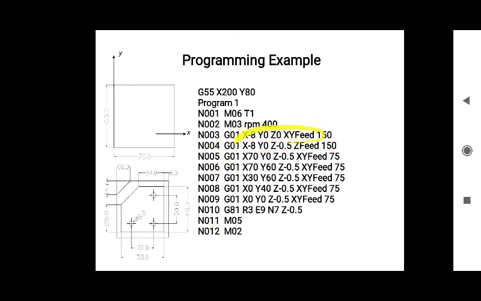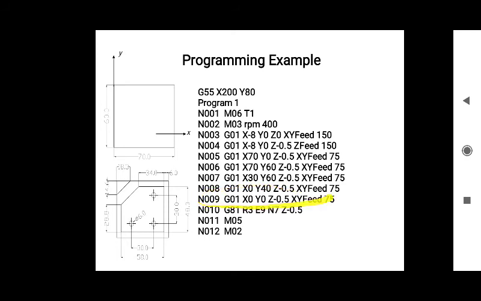As you can see, first we changed the tool, then we gave the spindle RPM in clockwise direction, then we moved to the shape position, then we gave the depth of cut in the next block, then we started the machining operation, one horizontal cut, then in the next block the vertical cut in y direction, and in the next block a partially horizontal cutting operation, and in the next block the inclined cutting. After that the feed was given in the vertical downward direction.